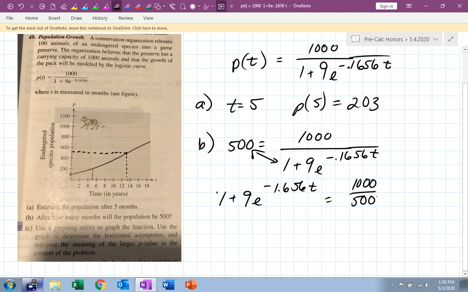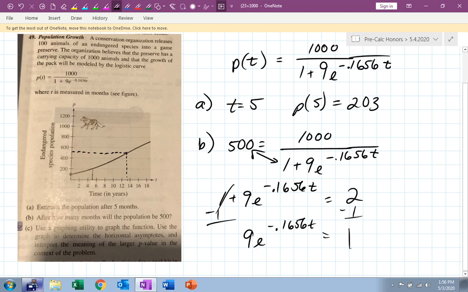And 1,000 over 500 is really just 2. Then I subtract 1 from both sides, and I have 9e to the negative 0.1656t is equal to 1.